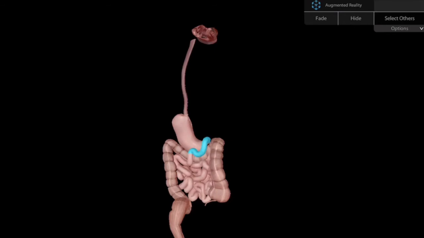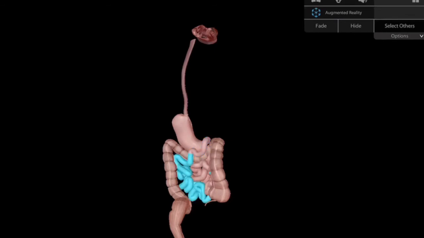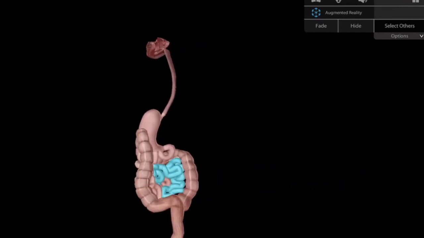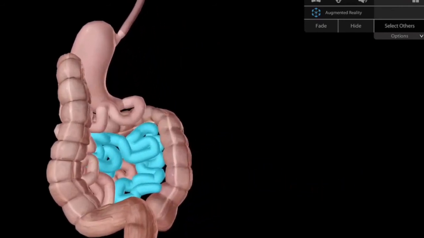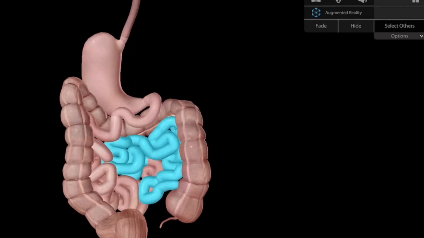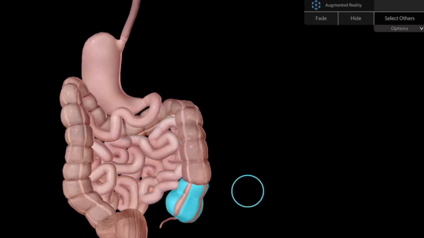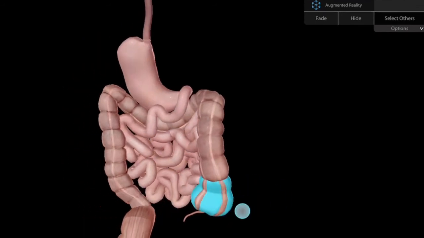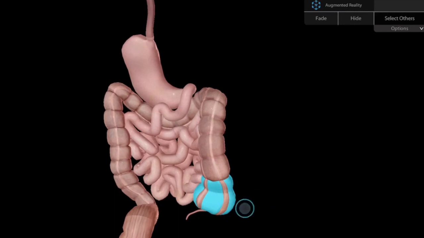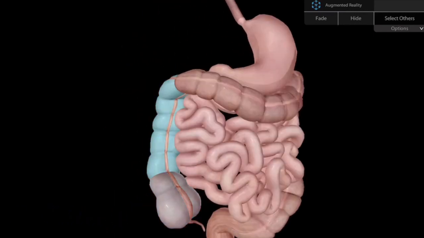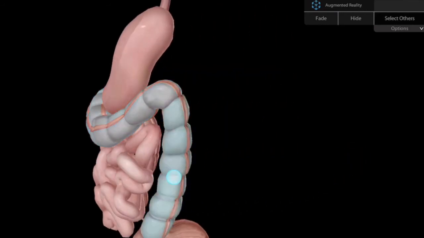This is my duodenum. Then I will pass through the jejunum, and finally the distal part of the small intestine is my ileum. Again, the ileum will conduct the undigested and unabsorbed part of the food to the cecum through the ileocecal valve.